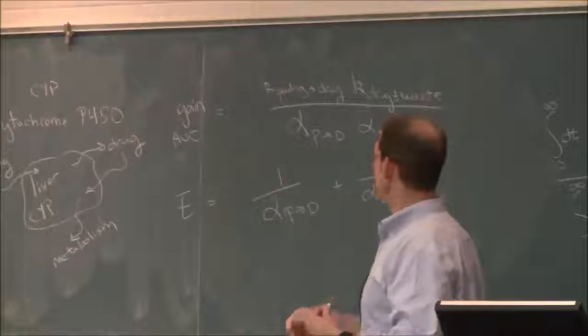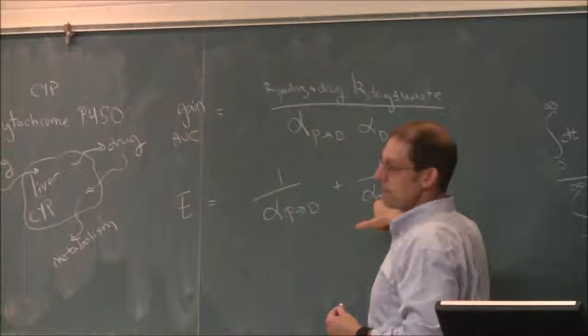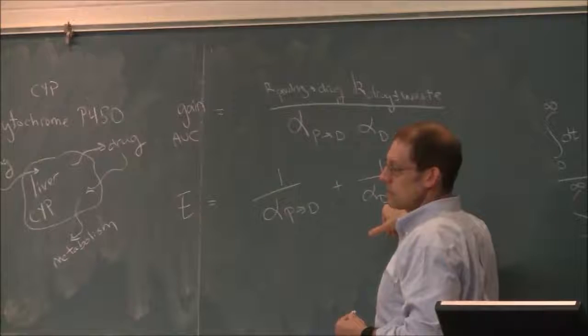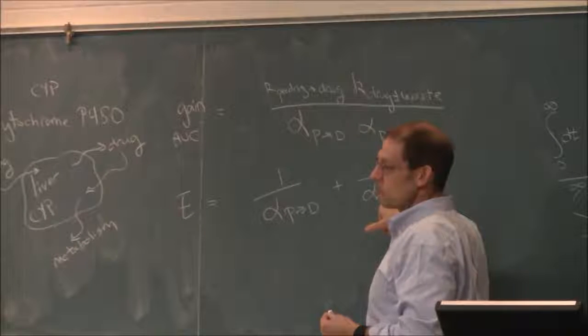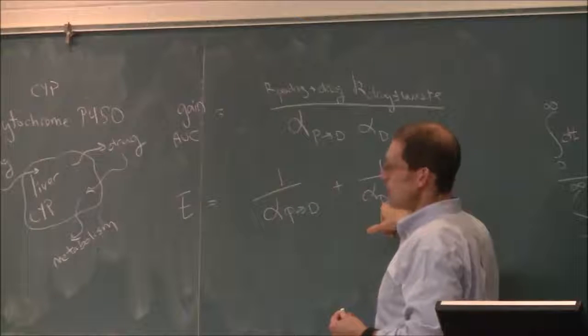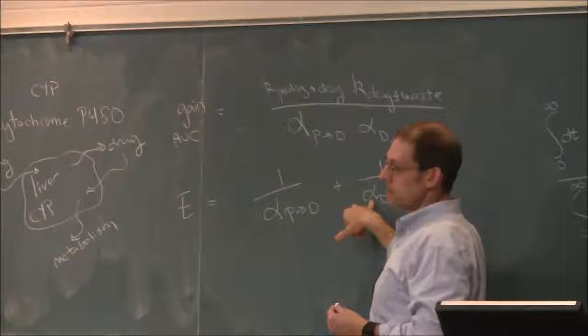However, on the other side, it could also interfere with the drug to waste step. So imagine that you're taking a drug in active form, and the dosage has been calibrated for normal liver activity, but now the liver enzyme isn't working. So alpha will become much smaller.